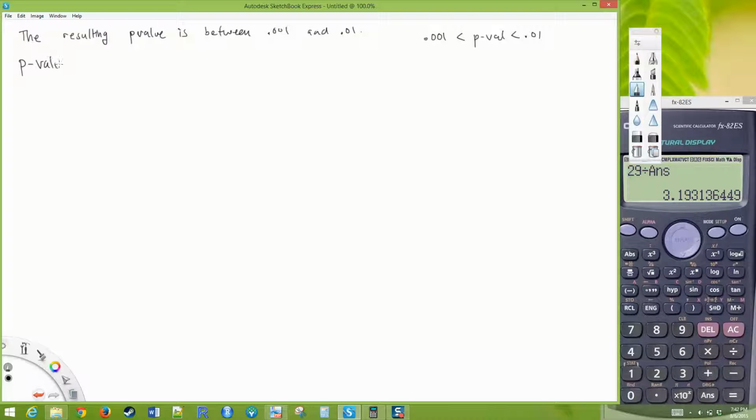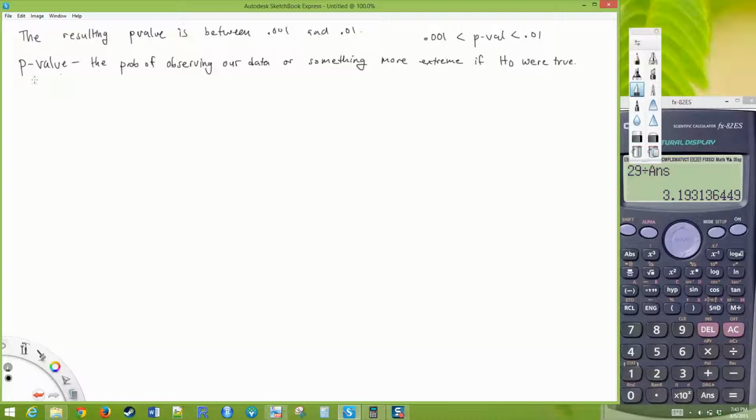So I'm going to just write this again. P-value is the probability of observing our data or something more extreme if the null hypothesis were true.